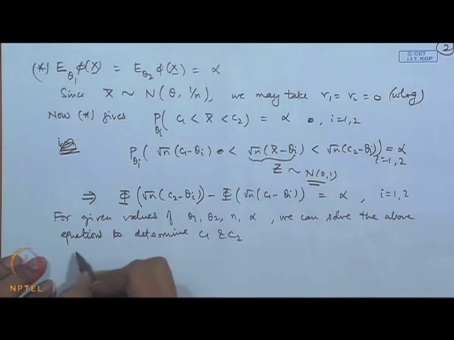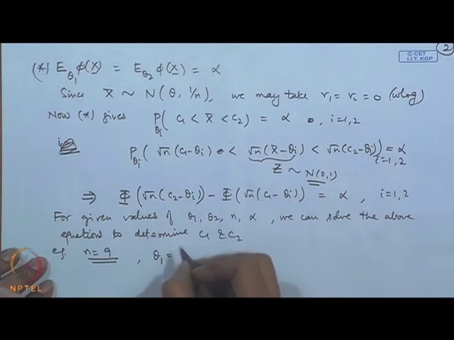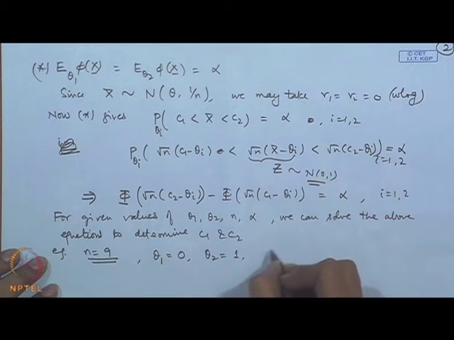As an example, suppose I take n equal to 9, theta 1 equal to 0, theta 2 equal to 1, and alpha equal to 0.05.